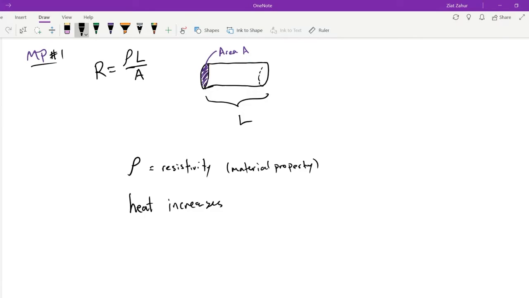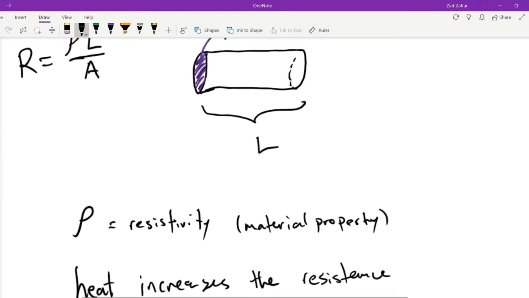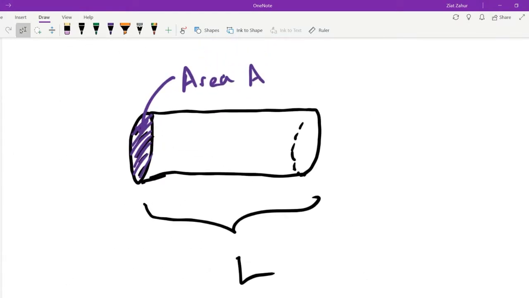Heat increases the resistance. Oh, I should say resistivity, really. I'll just say resistance. Okay. The hotter it is, the more chaotic it becomes inside here. And so when charges try to flow through, here's a little green positive charge.